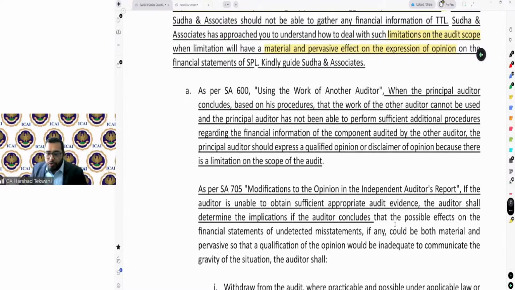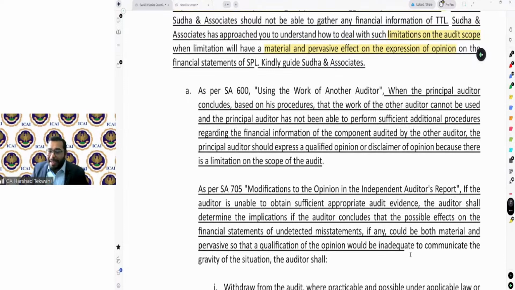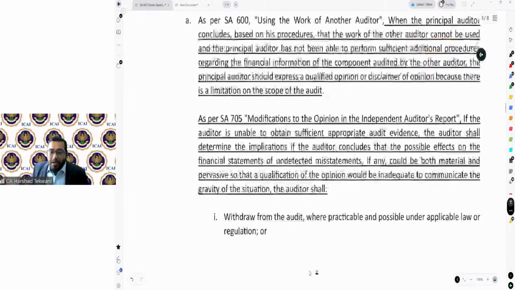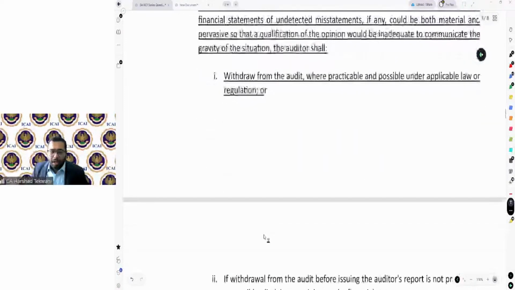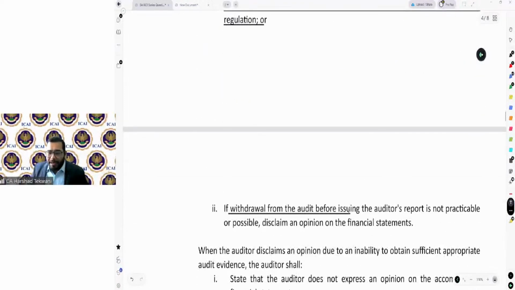If the auditor concludes that the possible effects on the financial statements of undetected misstatements, if any, could be both material and pervasive, so that a qualification of the opinion would be inadequate to communicate the gravity of the situation, the auditor shall either withdraw from the audit where practicable, or, if withdrawal is not possible, disclaim an opinion on the financial statements before issuing the audit report. Not qualify, but disclaim.